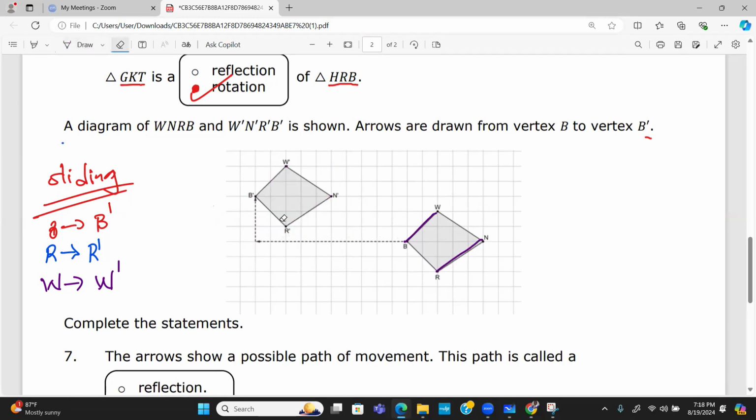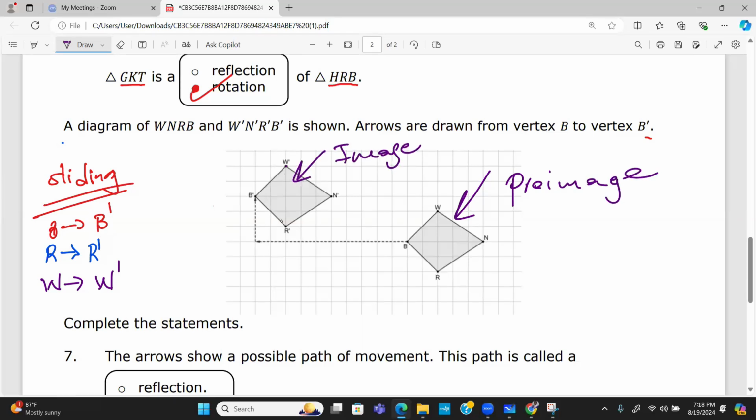We're noticing that all the lengths from this pre-image are the same as its image. The shape, everything, the size, the angles inside, everything remains the same.